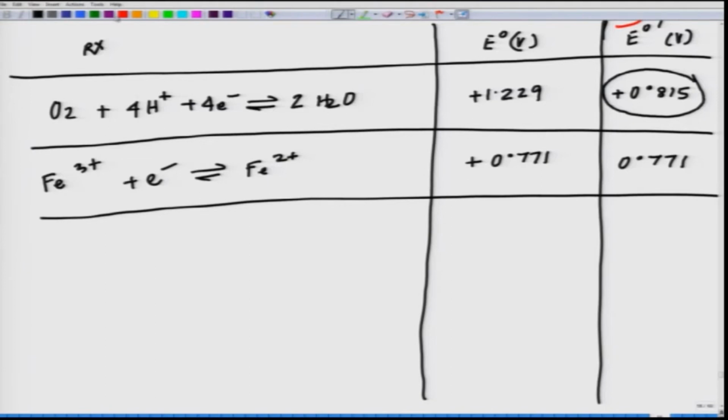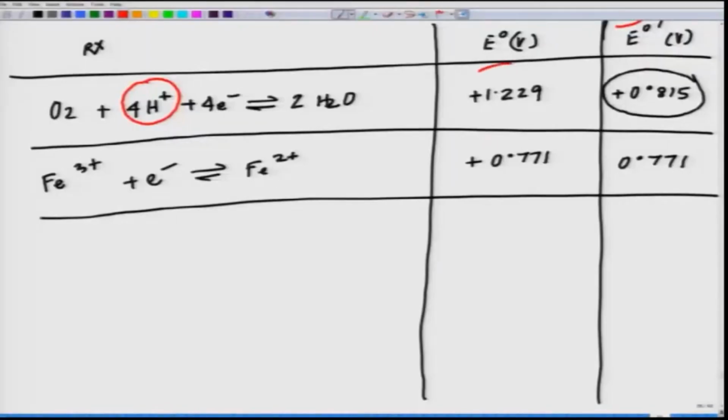Because in the previous case, and this is the reason why I want to show you, you have H plus ions which are involved in it. So, I will give you a few examples which will tell you the story. Whenever the pH involvement is there, the storyline is going to change out here. And when pH is not involved, it will remain the same. So, please appreciate these two interesting situations.